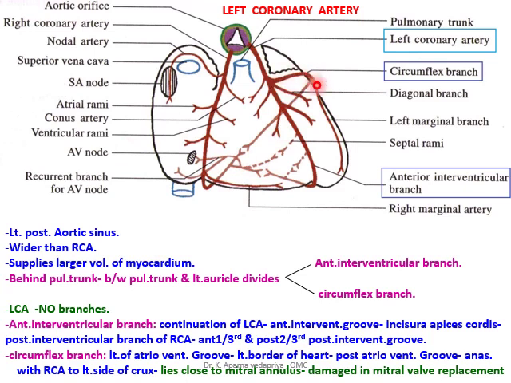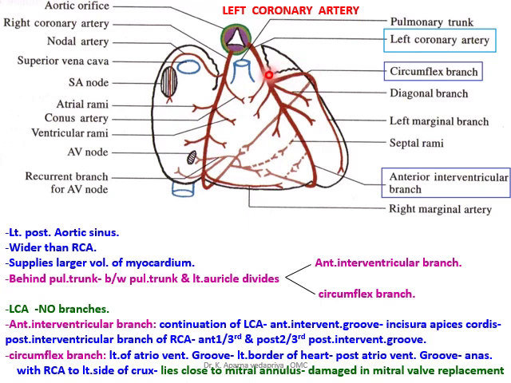Coming to the circumflex branch, the circumflex branch is lying in the left part of the atrioventricular groove. So this is the atrioventricular groove. So this is the right atrium, left atrium, right ventricle and the left ventricle.